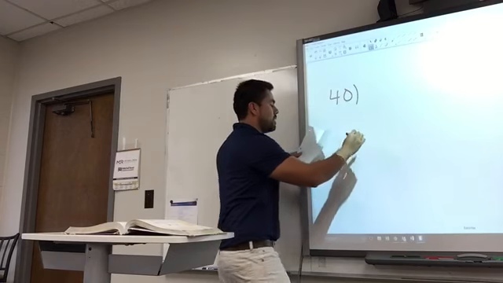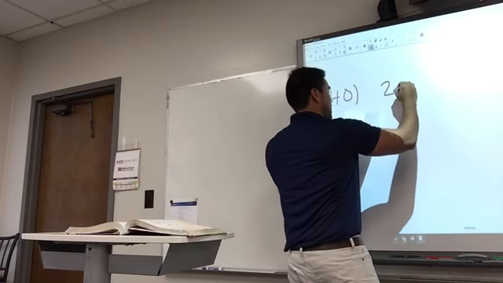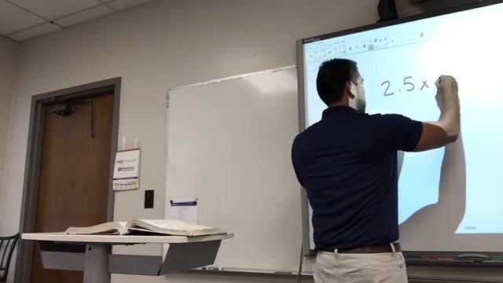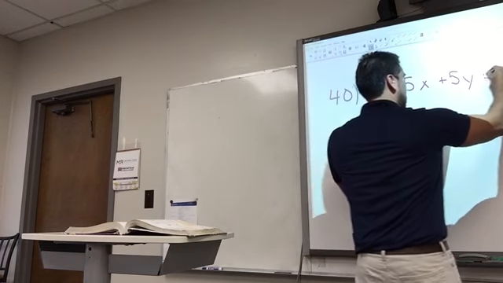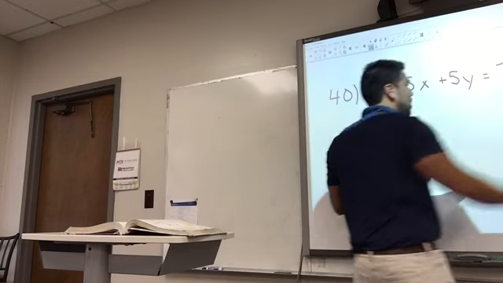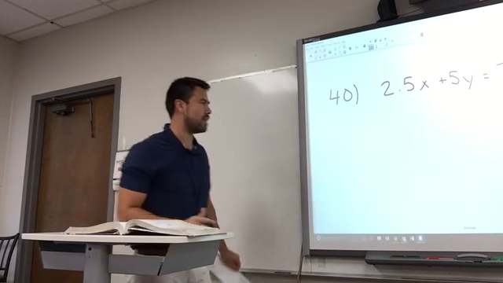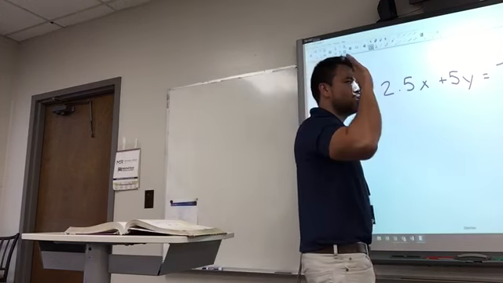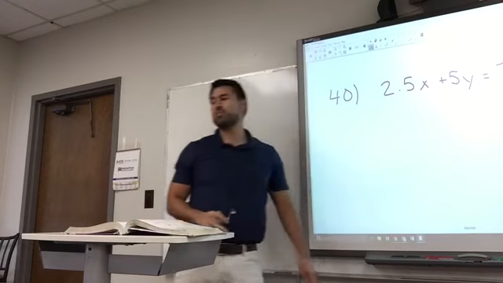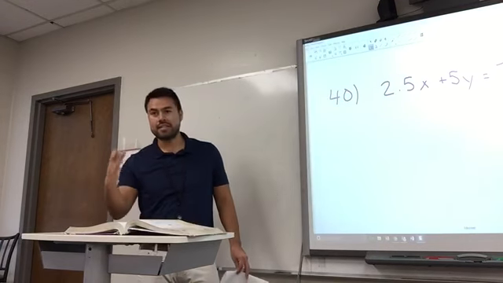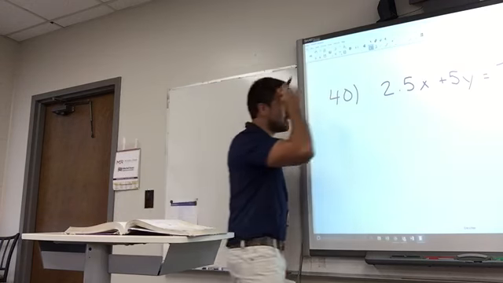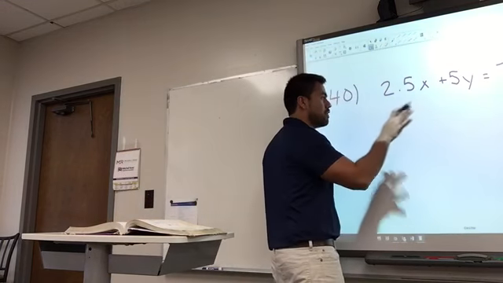Okay. Here is number 40. Your whole goal in this problem is to get y by itself. And it's decimal, so now you give up because you have decimals? No, don't give up.